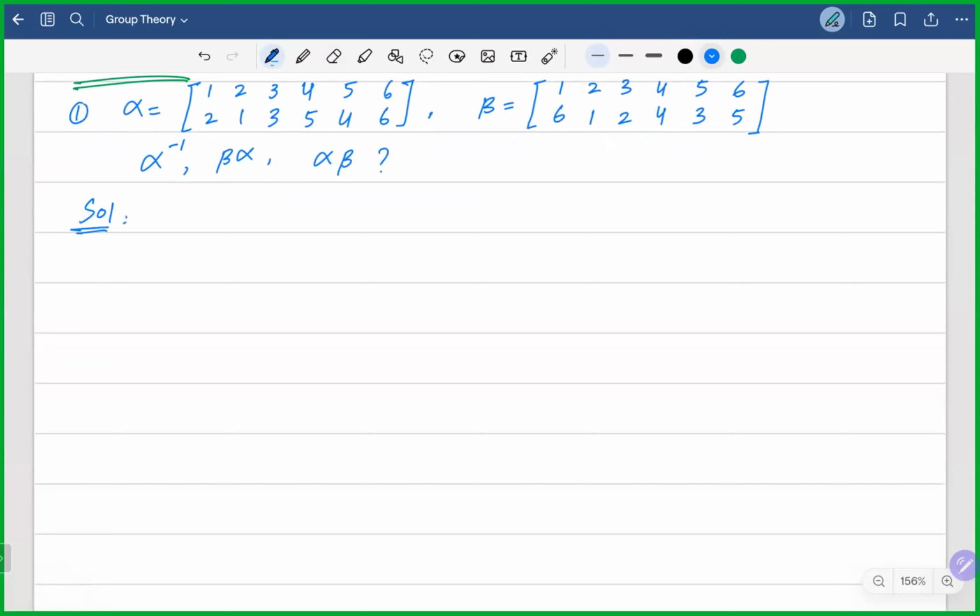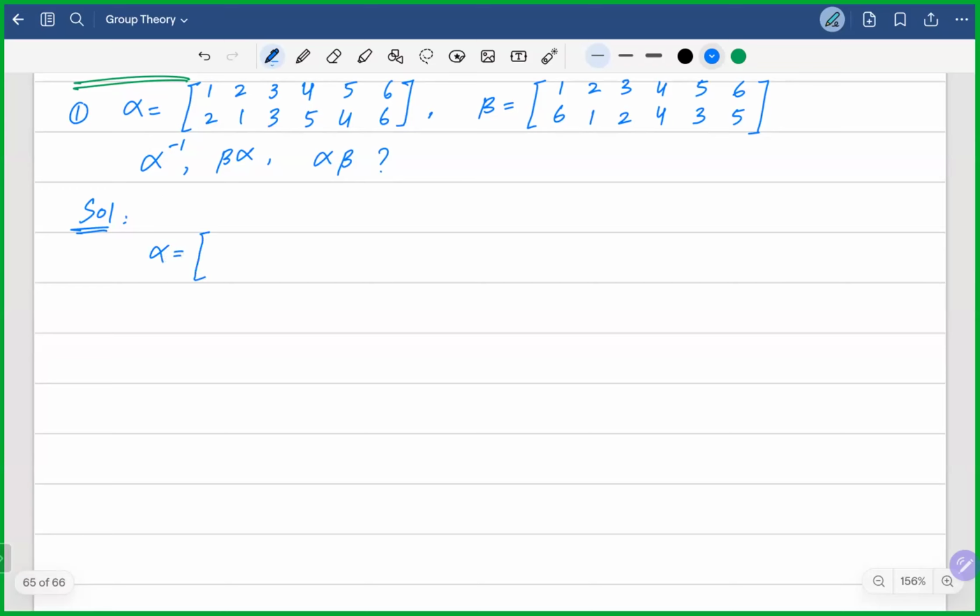Solution will be, okay, so what do you need to find? When you need to find alpha inverse, then you try to invert the alpha, and we have to use the same notation.